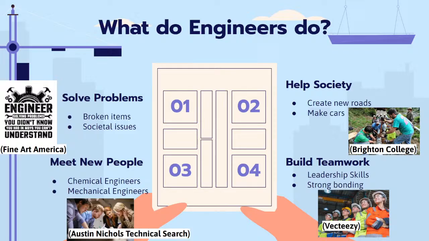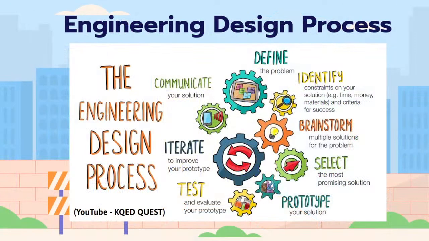You want to make sure that you're being a leader and you're leading everyone in the right path to make a very huge and positive change in the world. And that's why I chose engineering as my major, because I love to help people, and there are so many different problems in the world that when I'm working in a team, I can help solve those issues on a bigger scale. All right, let's move on.